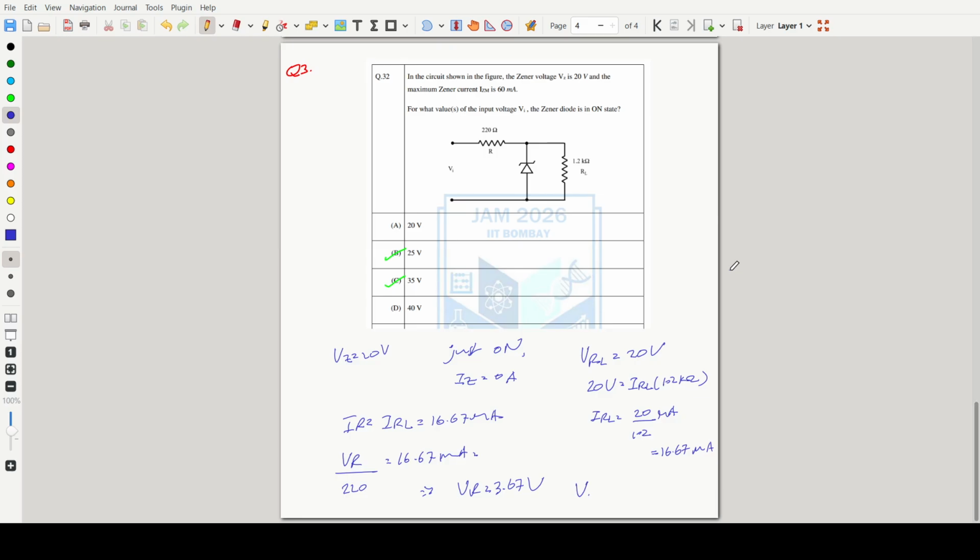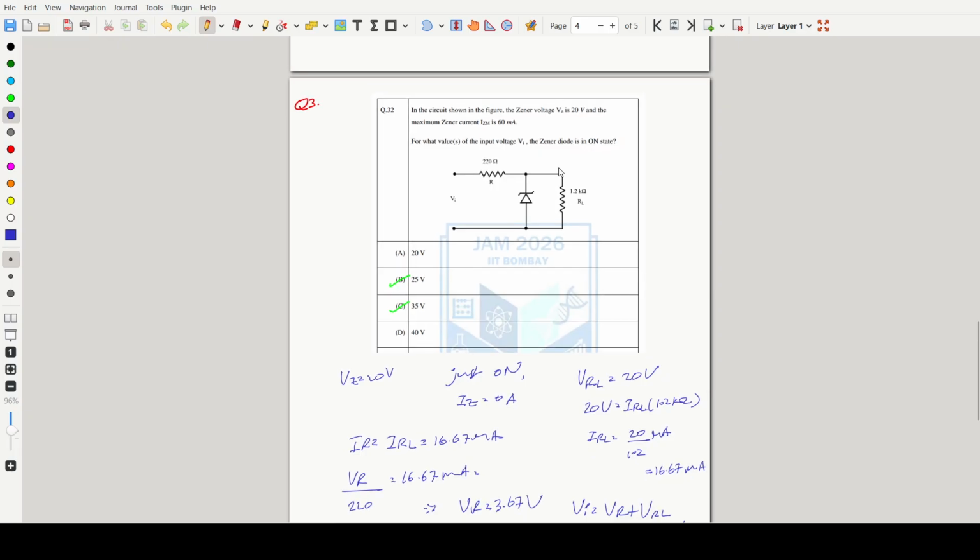And yeah, so VI is just VR plus VRL, which is 23.67 volts. Okay, so we've determined the minimum VI for my Zener diode to be turned on.